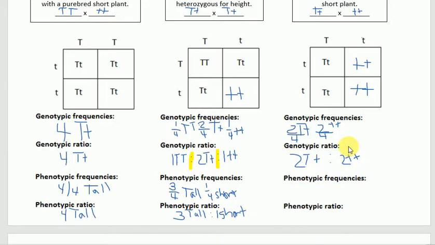Our phenotypic frequency, we're going to have 2 out of 4 that are tall and 2 out of 4 that are short. Our ratio, we have 2 tall to 2 short. So that is the basic way to do Punnett squares.